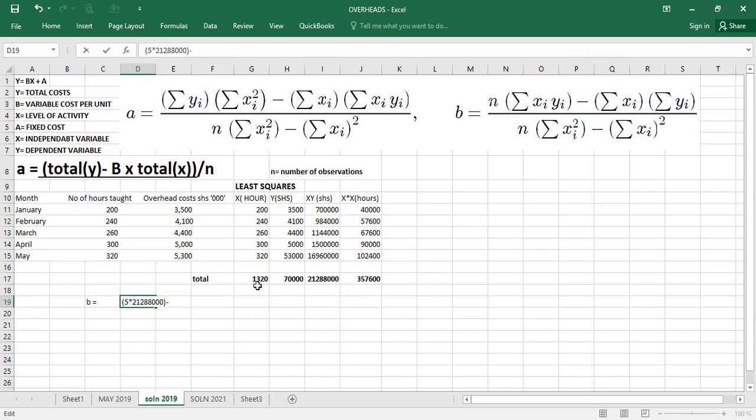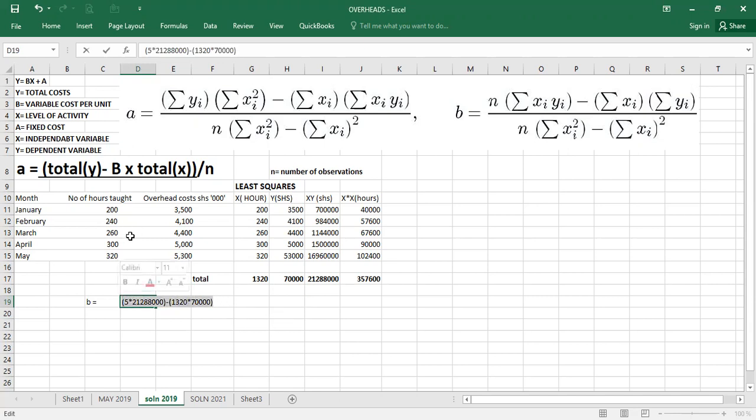Minus, we open brackets for summation x. Summation x is this, which is 1,320, multiplied by the summation y, which is 70,000. And you close the brackets.